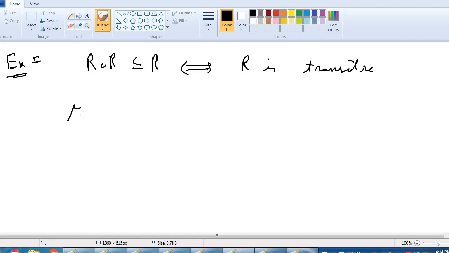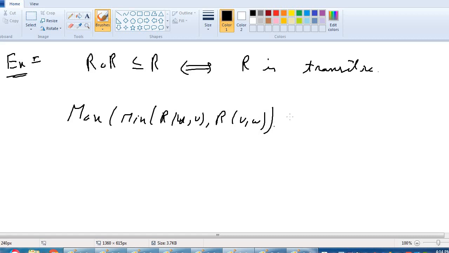Here we just apply the max of min of RUV and RVW. We find the min of RUV and RVW, and then we take its max. We will find that it is less than or equal to RUW. It is always less than or equal to, because when we apply different t-norms or different min and max functions, we get a smaller number than RUW.